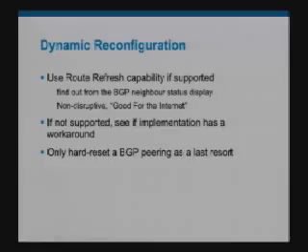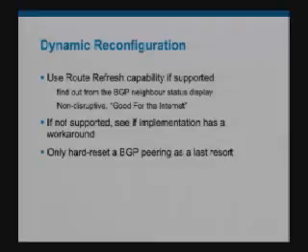So I say use route refresh capability if it's supported. It should be there in most of your configurations. The implementations that don't support route refresh, I'm actually not aware of any anymore these days. There may still be some really old ones lurking out there. And if you do find a peer that's still got some really, really old BGP out there, well, probably try and encourage them to upgrade first to something slightly modern.